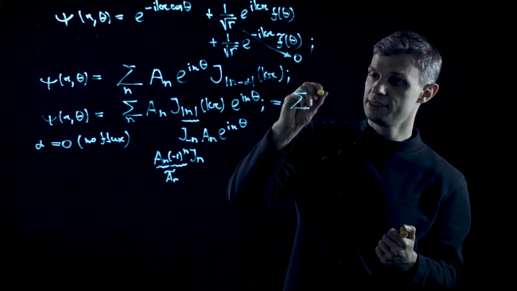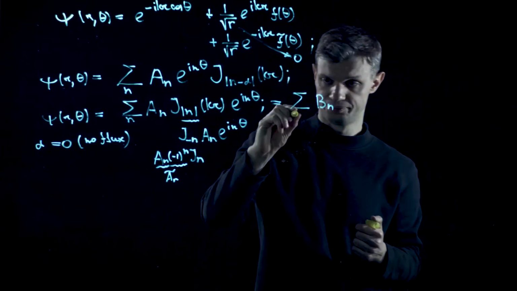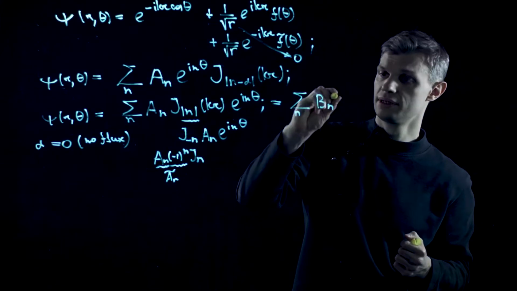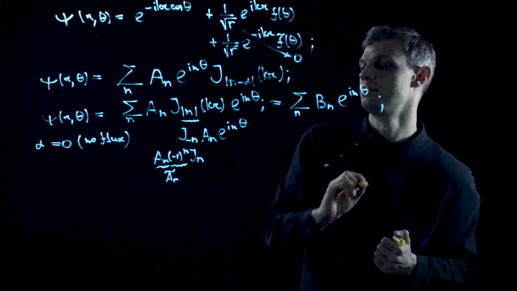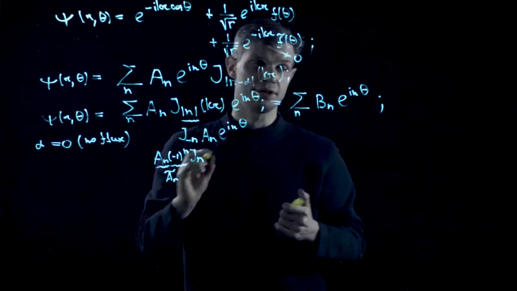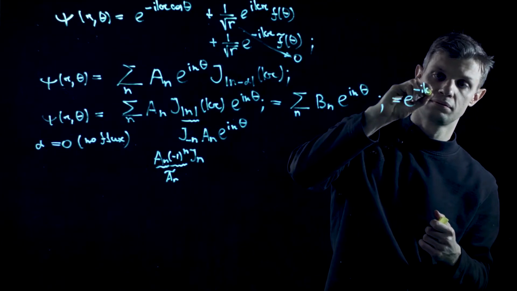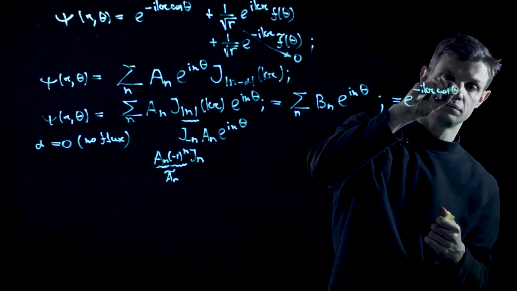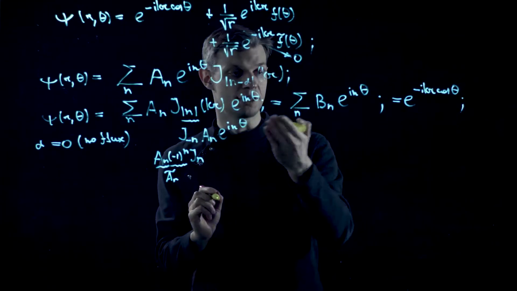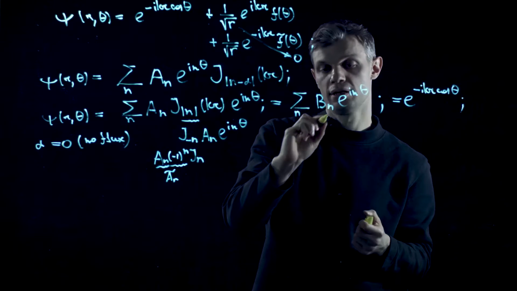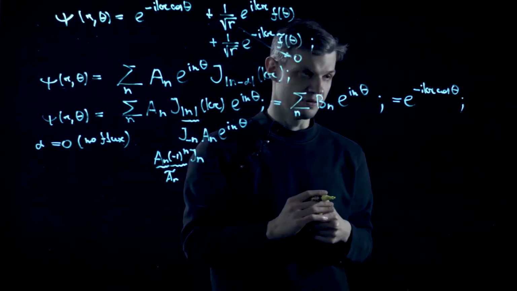So as a result, we just rewrite the whole sum in the following manner. And of course, in the absence of scattering, it should be just a plane wave. Here I absorbed my Bessel function into this new coefficient B n, which now contains all the dependence on the radius in my wave function.